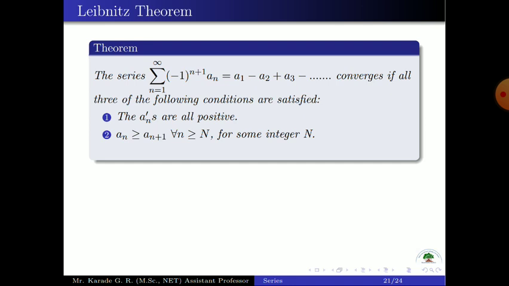Second condition is an greater than or equal to an plus 1, means the previous term is greater than or equal to the succeeding term, for all n greater than or equal to N for some integer N. The second condition says that the nth term is always greater than or equal to the n plus 1th term, and it must be true for all n greater than or equal to N for some integer N. And third is the sequence an converges to 0.